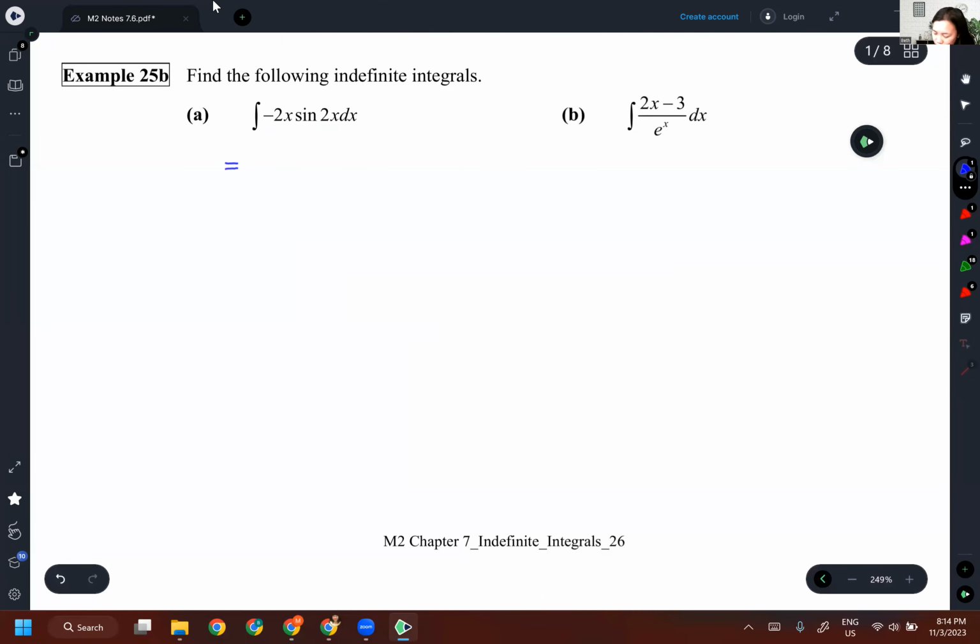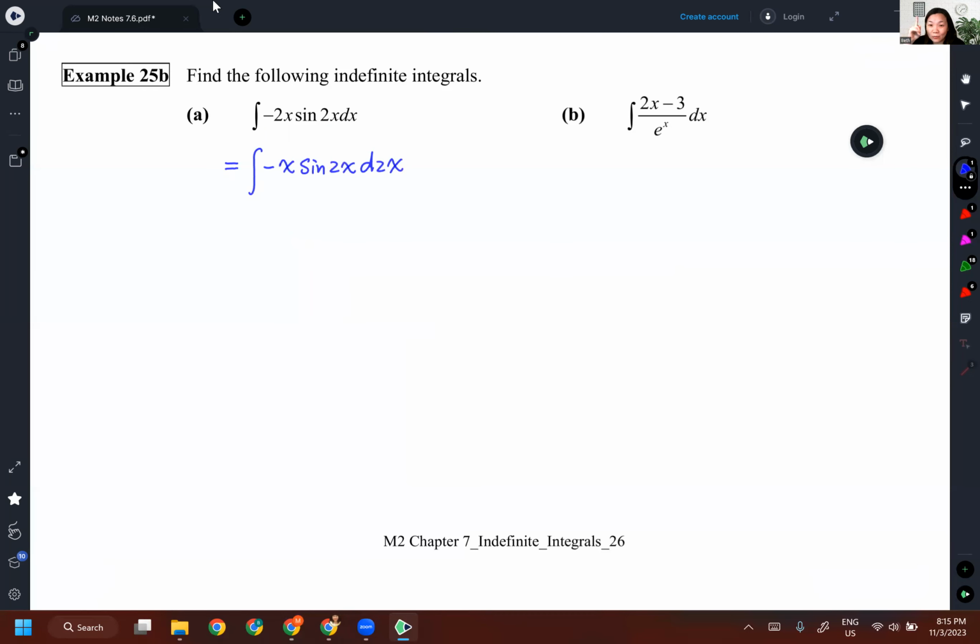That is equal to negative x first, sine 2x d2x first. Now this cannot be done in one step because the angle is 2x, so I need to multiply by 2 first. You see, I moved the 2 inside.